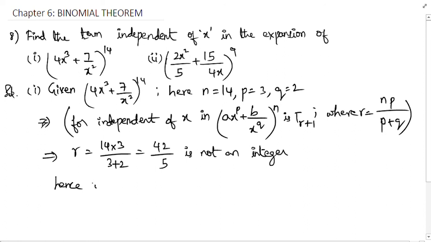So hence the term independent of x is equal to 0.